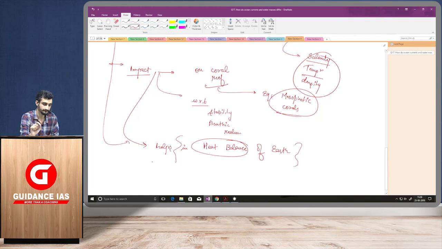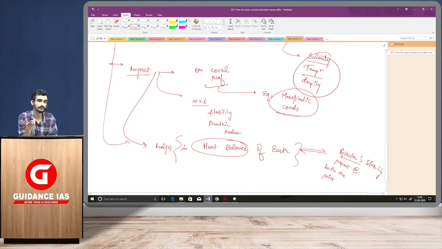At the same time, they are responsible for heat exchange of the water bodies, and therefore they are responsible for glacier stability present at both the poles. And ocean currents also impact coral reef formation, which we have discussed already in the coral reef question, the first question which we discussed today.